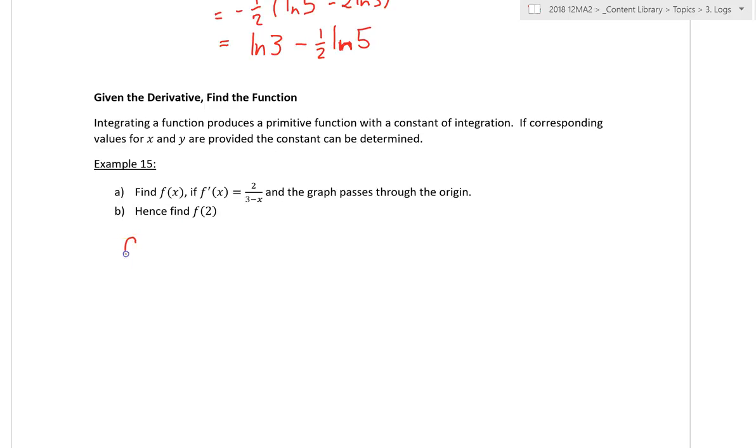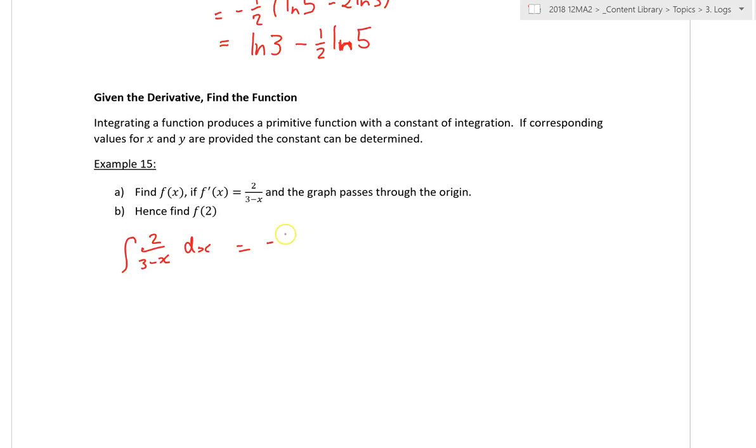So, the integral of 2 over 3 minus x, dx, is just a slight problem because of that negative there. I'm just going to rewrite that, because I want the top to be negative 1.